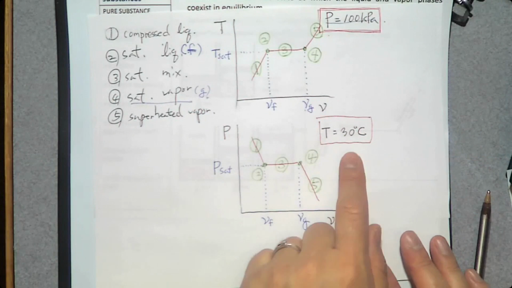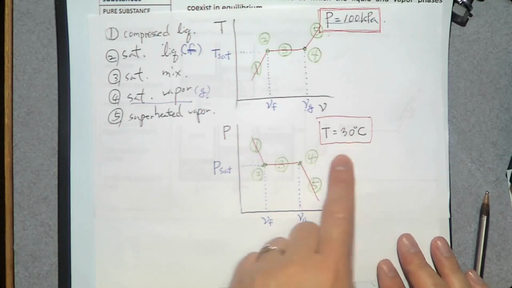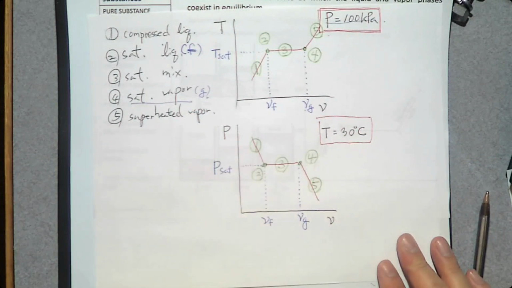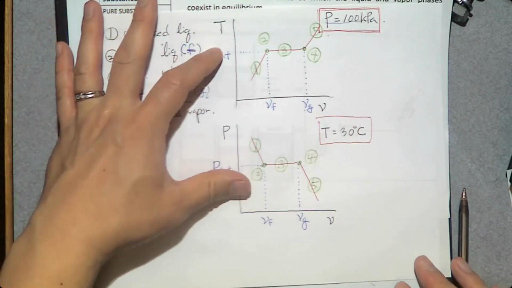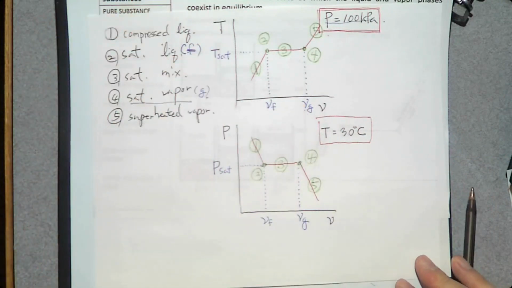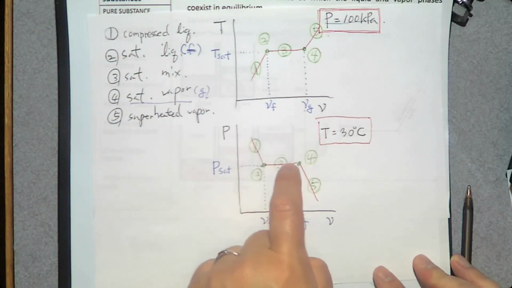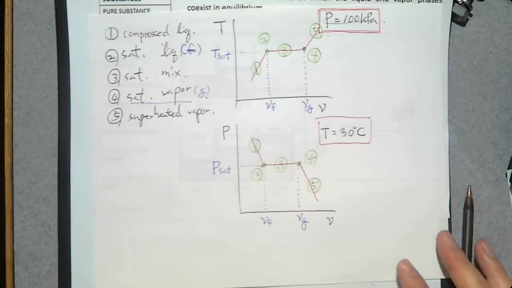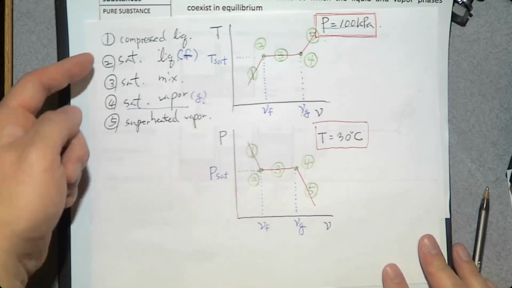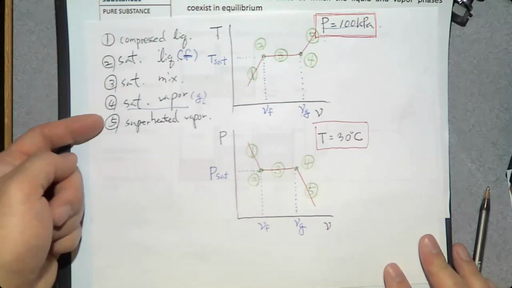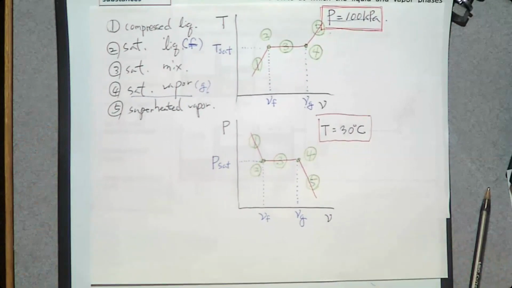If you know the temperature of your system, you can make a PV diagram. Once you make a TV or PV diagram, you can find where your system is. That's how you determine the phase change process of your system. So this is step number one whenever you want to evaluate a property of a phase change material. Okay.